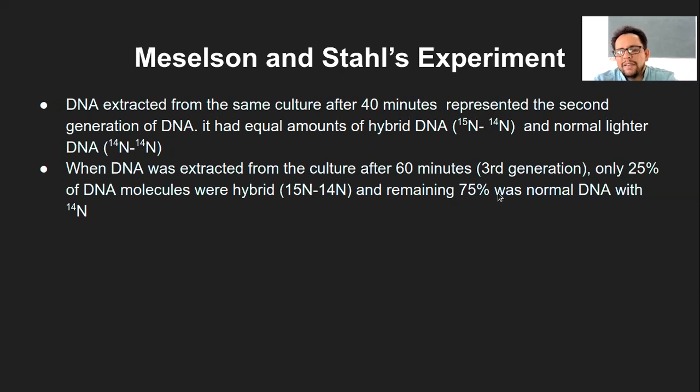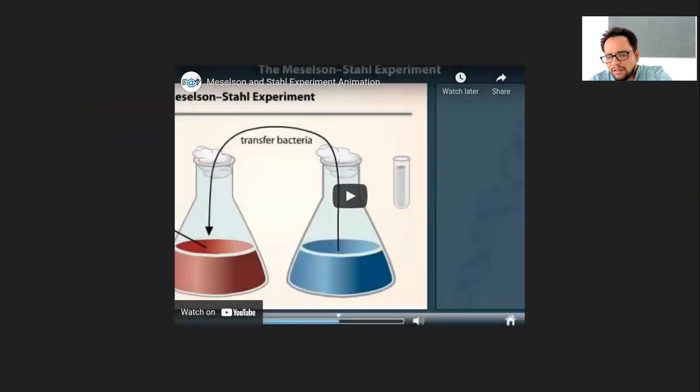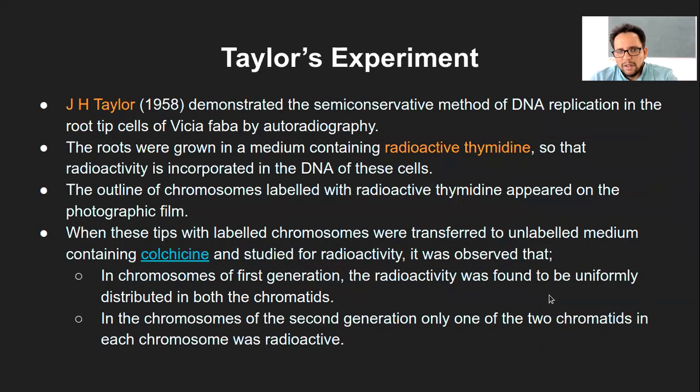So that's when the 70% DNA was normal and the 25% was the hybrid of N14 and N15. So that is the general outline of this Meselson and Stahl experiment. This video will explain everything again, so you can watch it on your own whenever you have time. This is a beautiful animated video of the same experiment. So please do watch that.